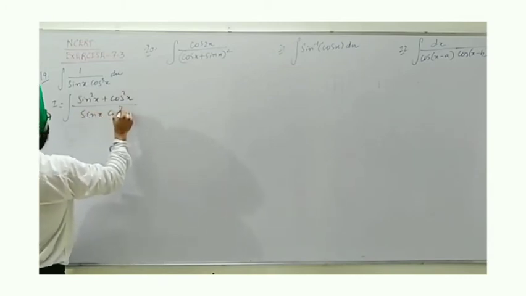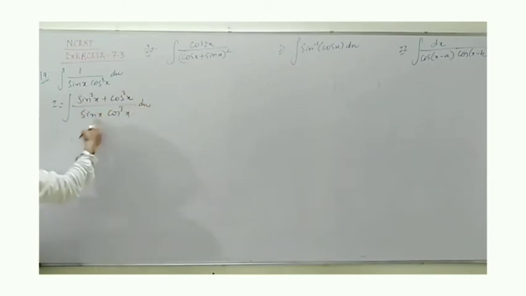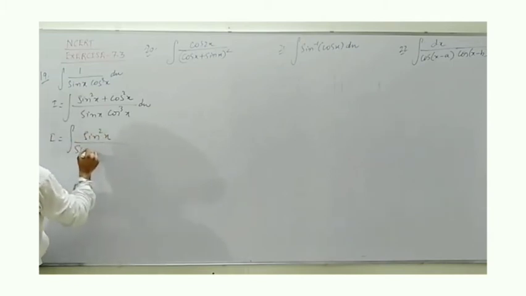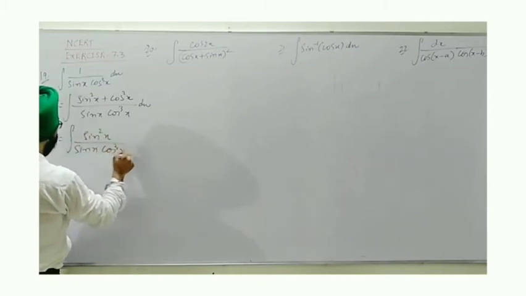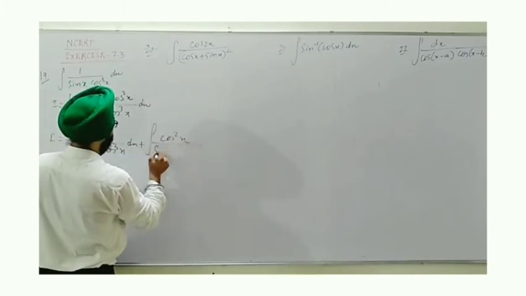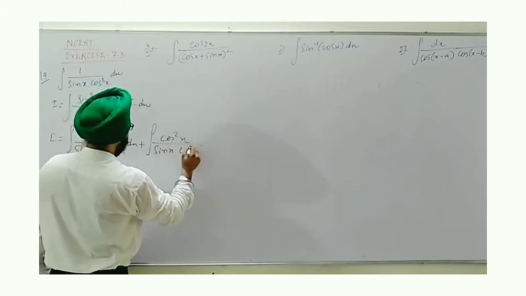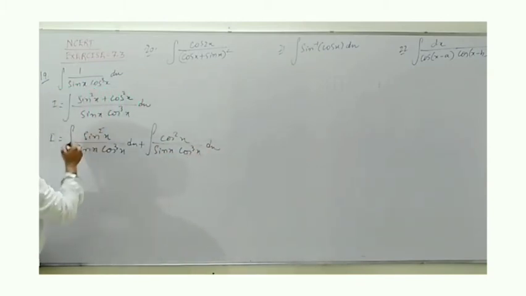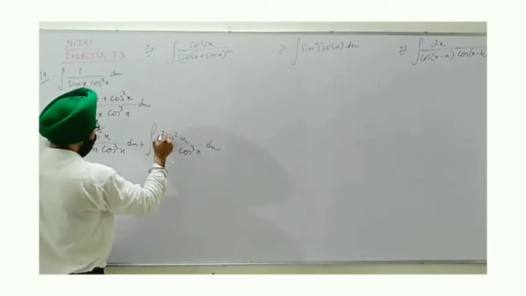upon sin x cos cube x dx. Now these are in product, meaning monomial, so we can separate this into both terms as sin square x upon sin x cos cube x dx plus cos square x upon sin x cos cube x. Now simplify, we find this part is cancelled, here cos cancels.